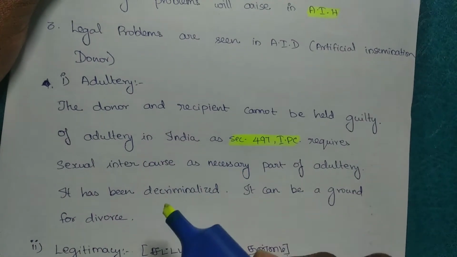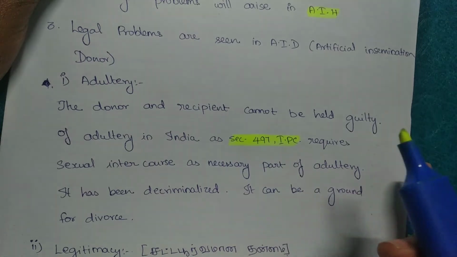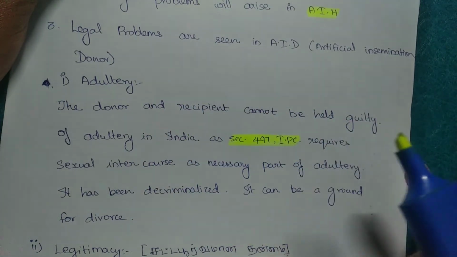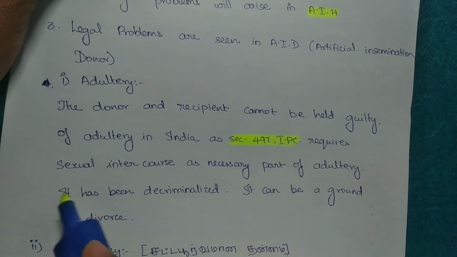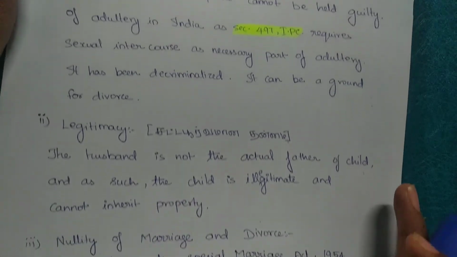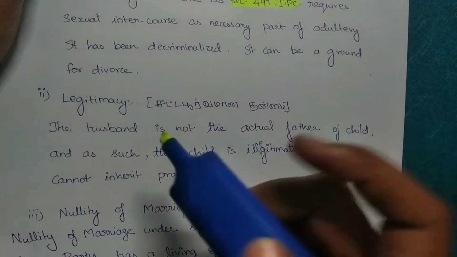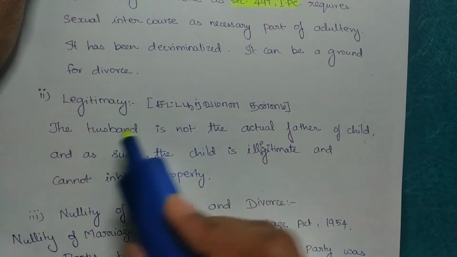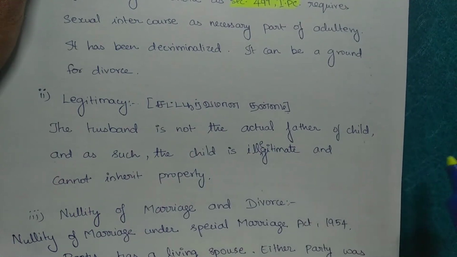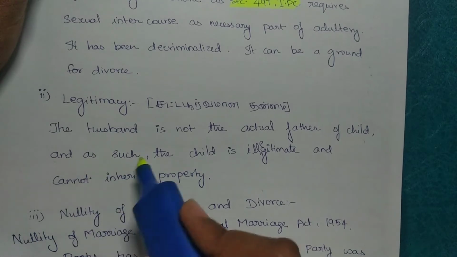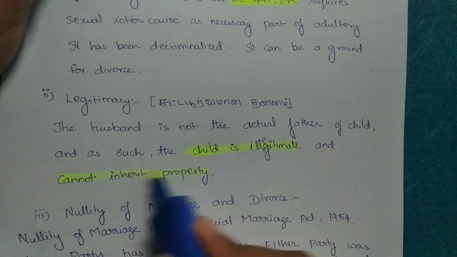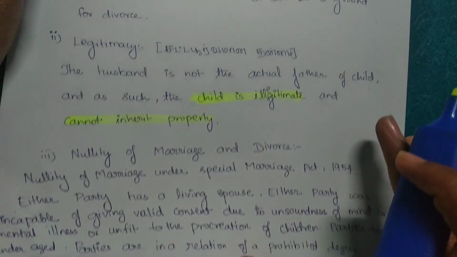Here in artificial insemination, there is no sexual intercourse between the donor and the recipient, so they are not held guilty, and it has been decriminalized, and it can be a ground for divorce. Then coming to legitimacy, the husband is not the actual father of the child born through artificial insemination, and as such the child is illegitimate and cannot inherit the properties of the father.